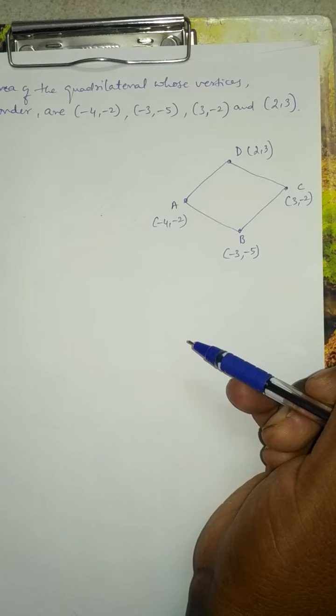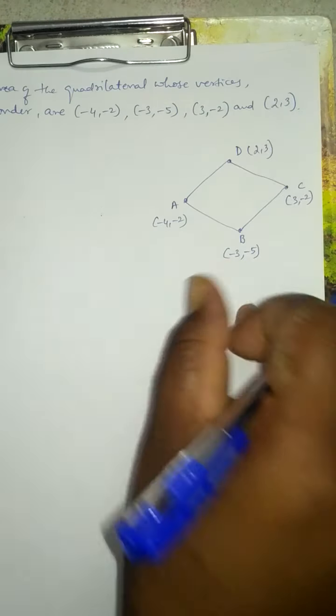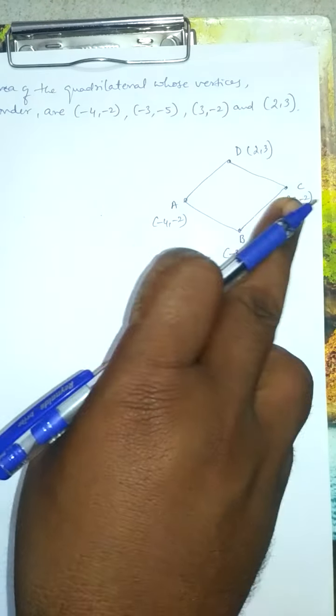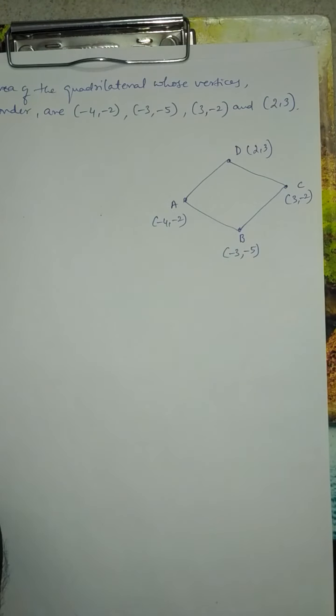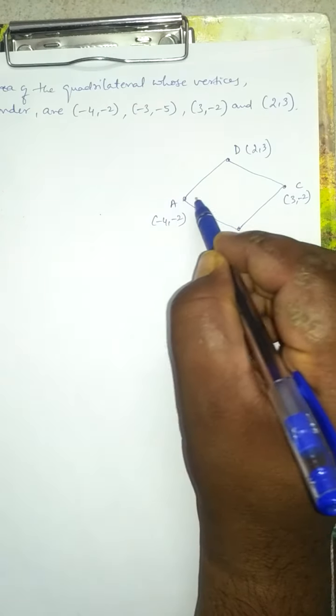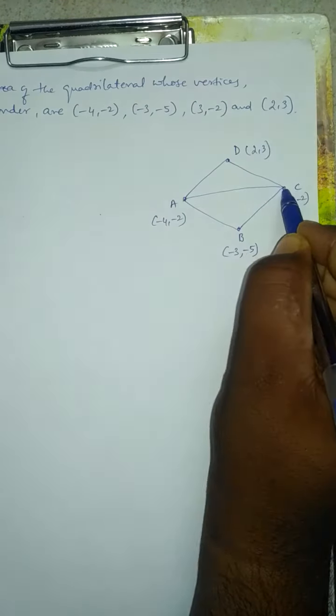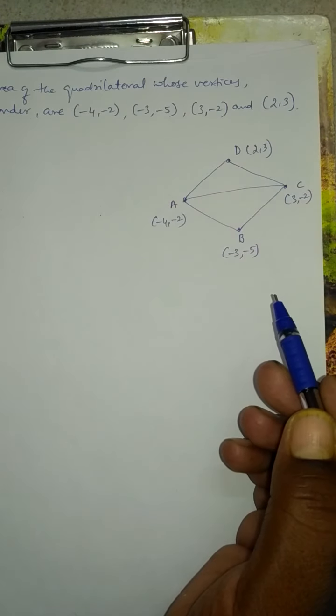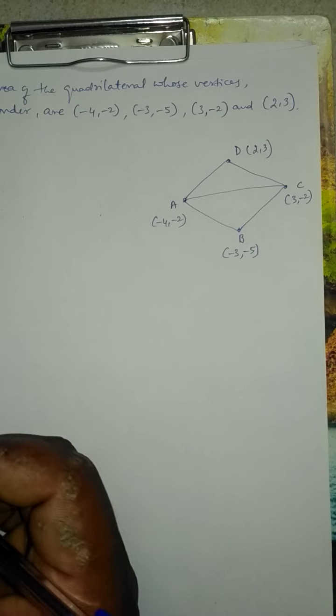How to solve for this? We don't know how to find out the area of a quadrilateral directly by using the coordinates. But we know finding the area of a triangle with the help of coordinates. So for that reason, we have to join AC. If you join AC, that quadrilateral is divided into two triangles.